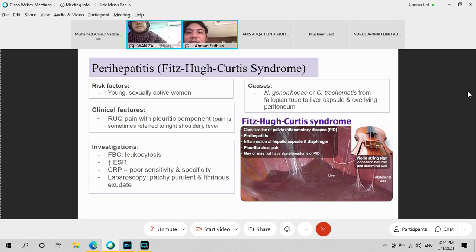Pain is sometimes referred to the right shoulder and there will be fever. The investigation is full blood count: leukocytosis, increase in erythrocyte sedimentation rate, and C-reactive protein, which will show sensitivity and specificity, and laparoscopy. We will find patchy, purulent, and fibrinous exudate.